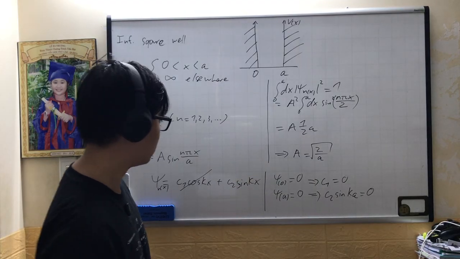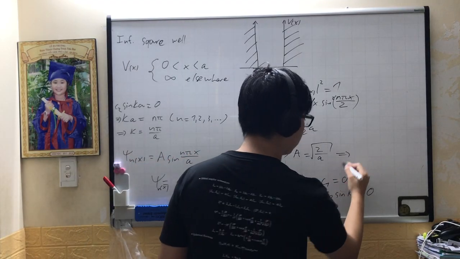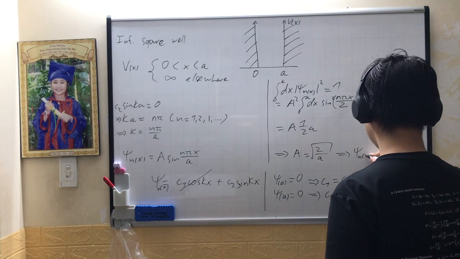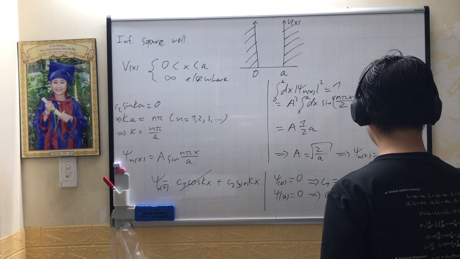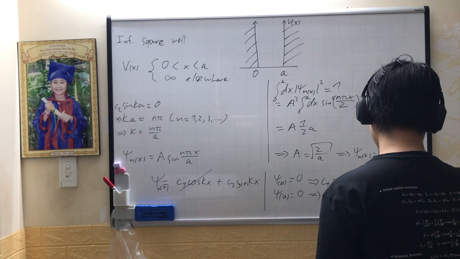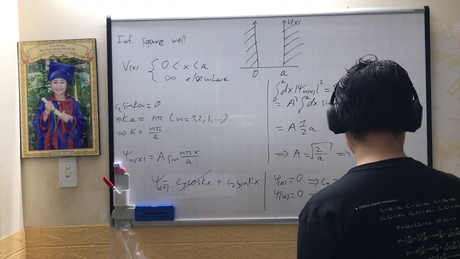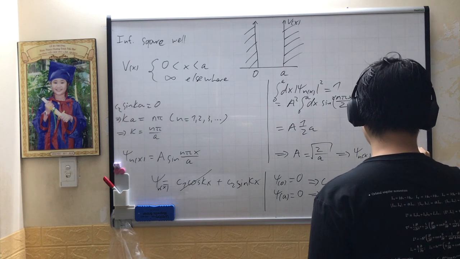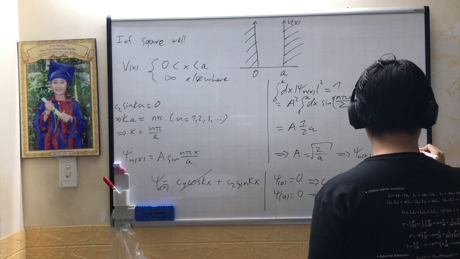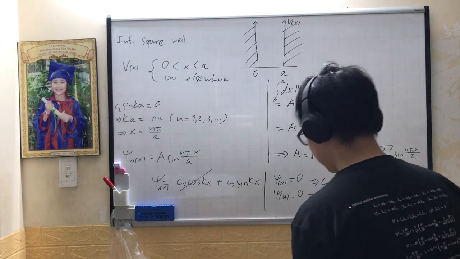Alright, so get your A here, and I'll rewrite your energy eigenstates. And this applies for every infinite square well. I'm sorry. There you go.